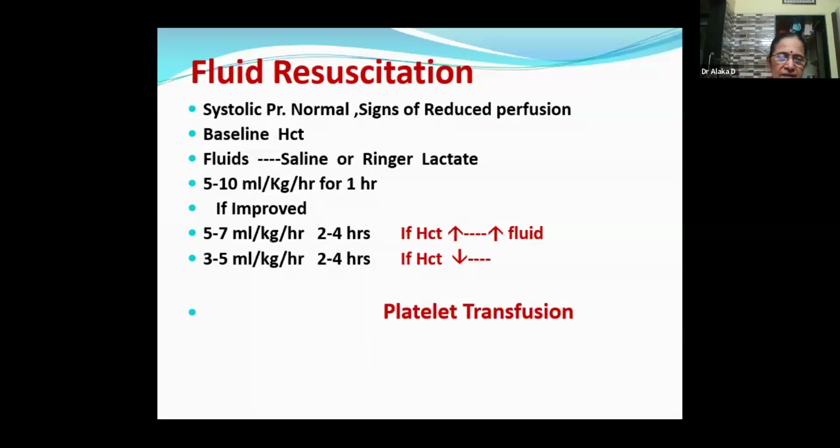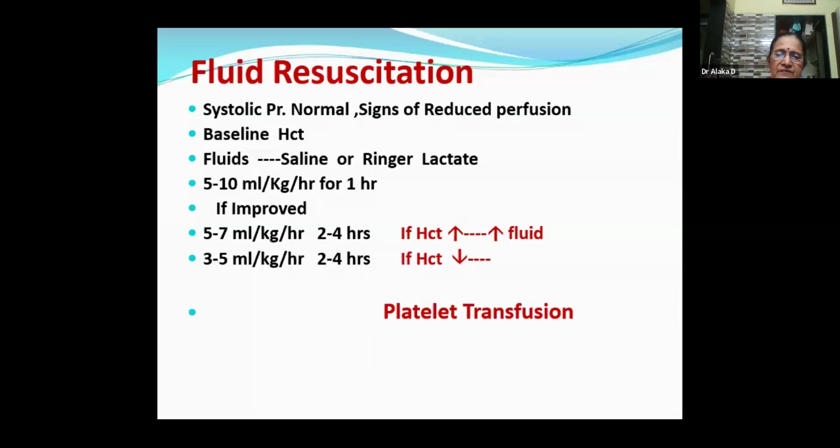If the hematocrit increase is more than 20% above the baseline, the patient needs hospitalization. If the hematocrit increases, give more fluid because there is a capillary leak. So we have to maintain the blood pressure, we have to maintain the perfusion, and therefore we have to give the fluid so that the hematocrit is brought down.